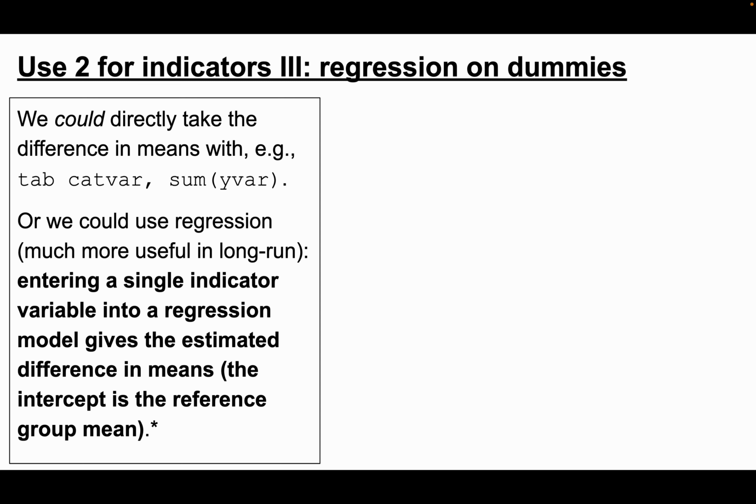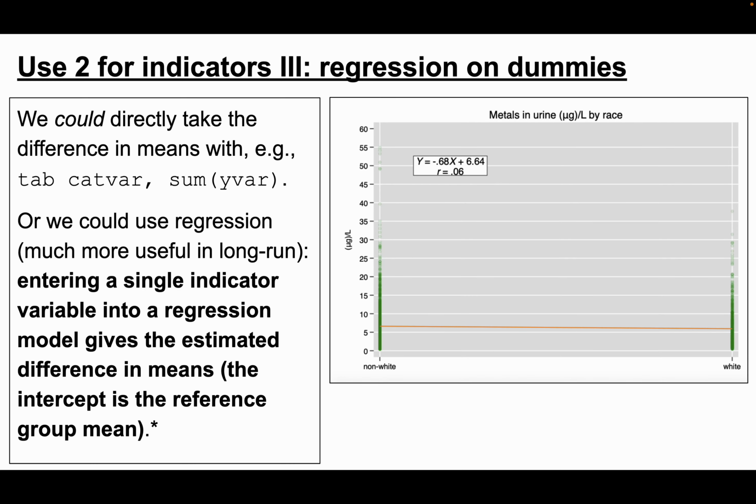So entering a single indicator variable into a regression model gives the estimated difference in means, and the intercept is the reference group mean. So again, note that we can think about regression here as basically being this procedure. Now, this is not actually a very informative picture, of course. Why? Because there's no actual variation in the x apart from non-white versus white.